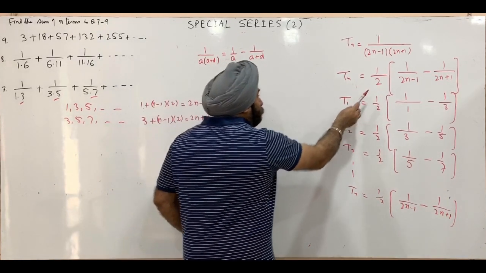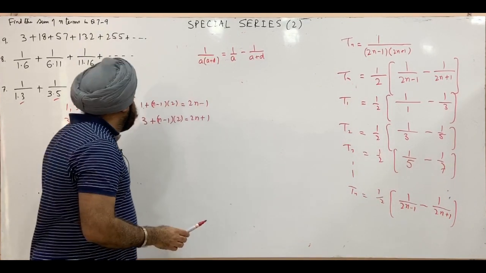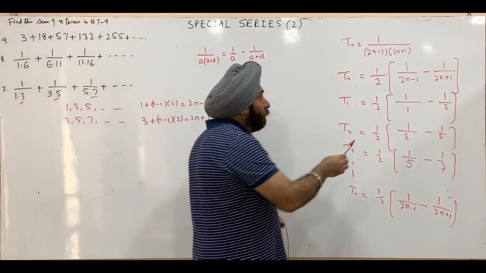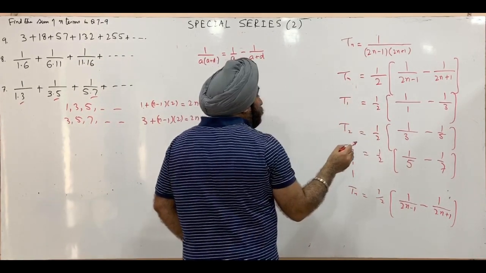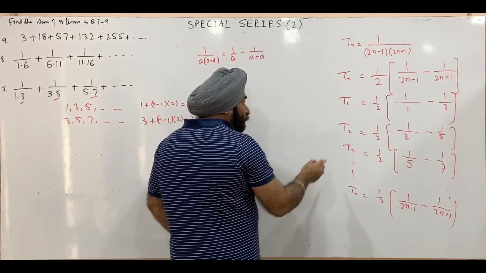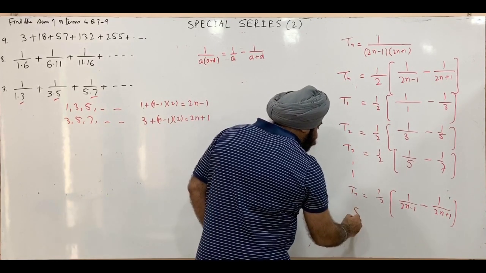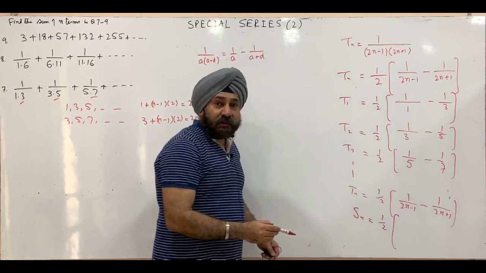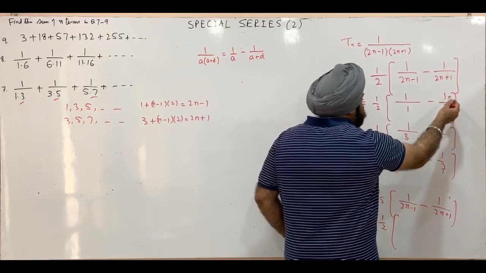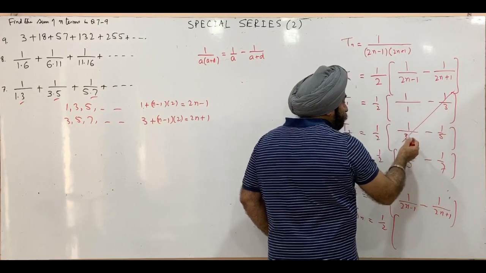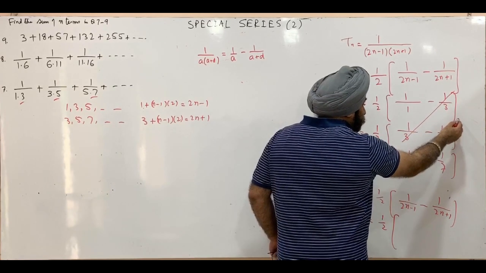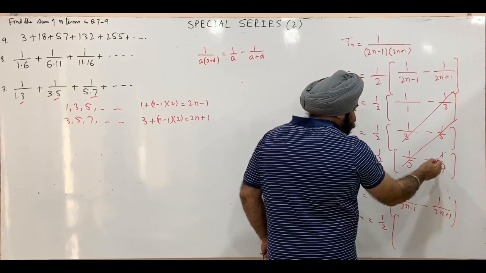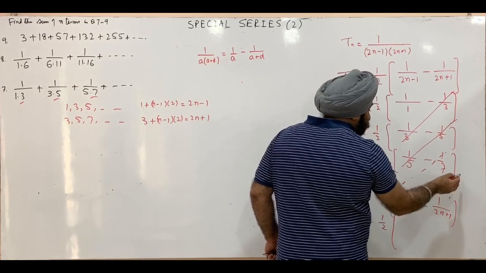This 2 is actually the common difference of the AP. If the common difference is 2, we will write 1 by 2 here. We add these vertically to find the sum of n terms. 1 by 2 outside. When we add vertically, you can see these diagonals will cancel out. Minus 1 by 3 with plus 1 by 3, minus 1 by 5 with plus 1 by 5, and this with the next, and this with the previous.